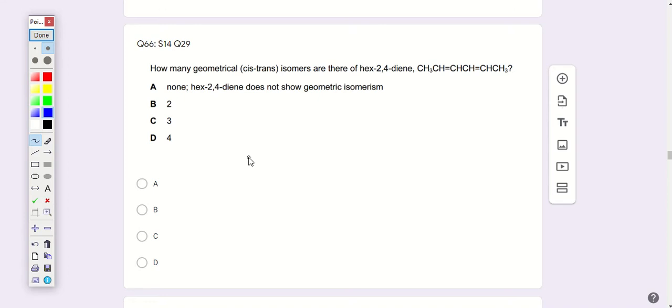You know that to have cis-trans isomers, the two carbons sharing the double bond must each be bonded to different groups of atoms.